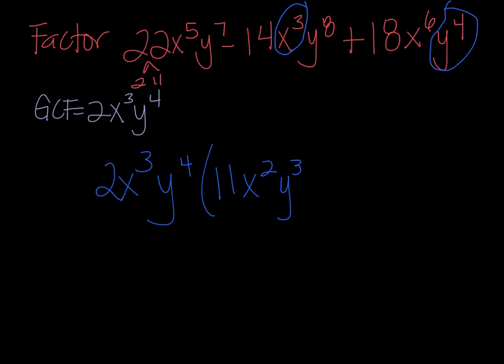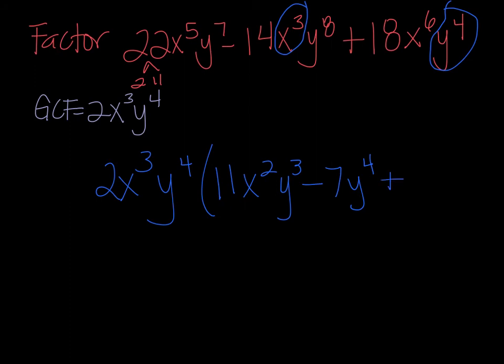For the second term, 2 times 7 equals 14. I already have an x cubed outside the parentheses, which is what I need for my second term, so I don't need an x variable there. But I have a y to the 4th on the outside, and I need a y to the 8th, so I'm going to add a y to the 4th here.